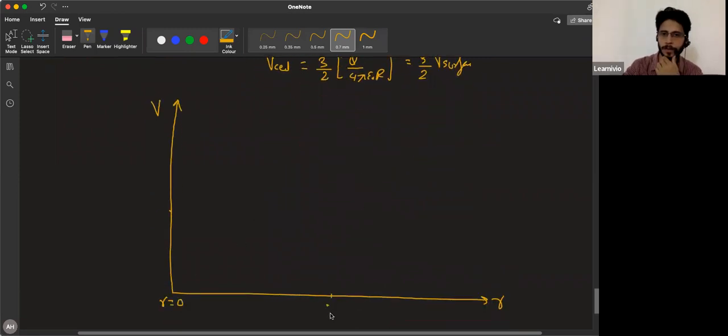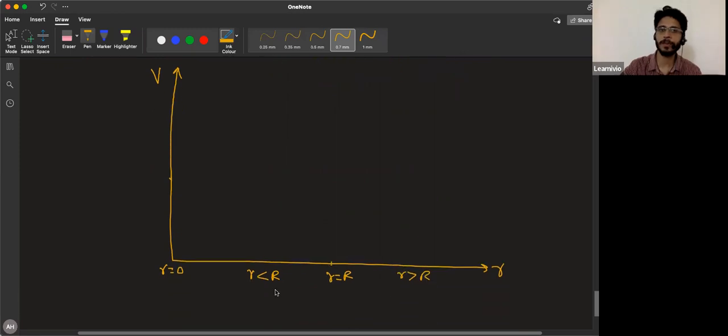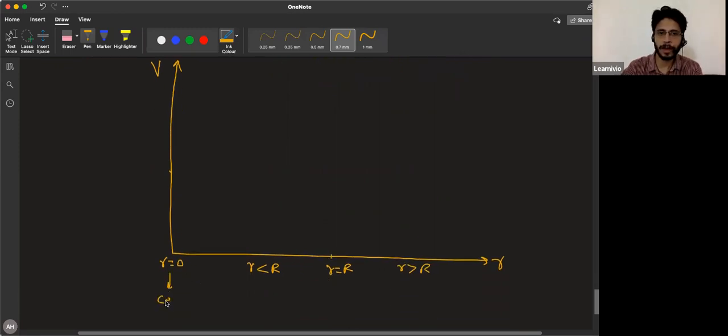This is surface, R equal to capital R. This is inside, R is less than capital R. This is outside, R is greater than capital R. So this is the point at the center, this is the point at the surface, this is the point inside, and this is the point outside. So inside, potential is 3 by 2 times the potential of surface.